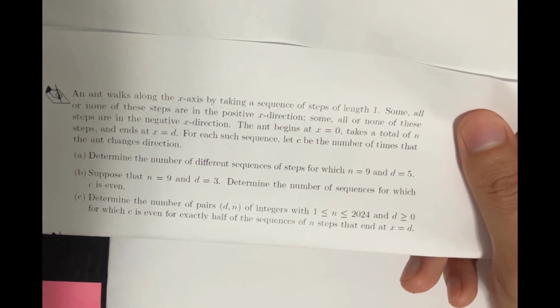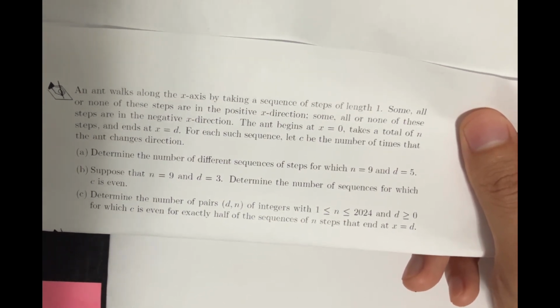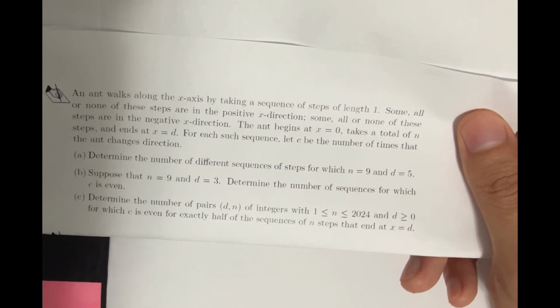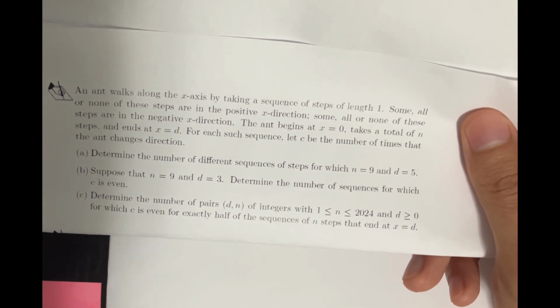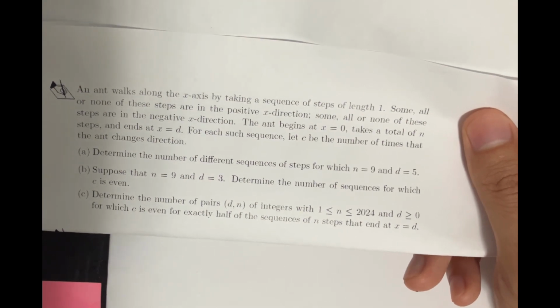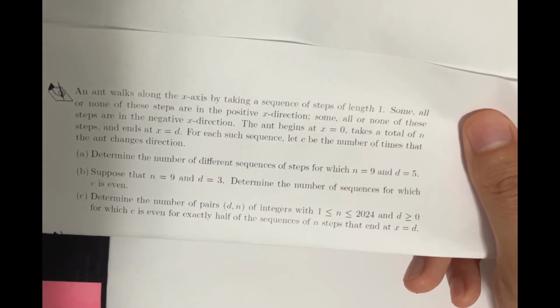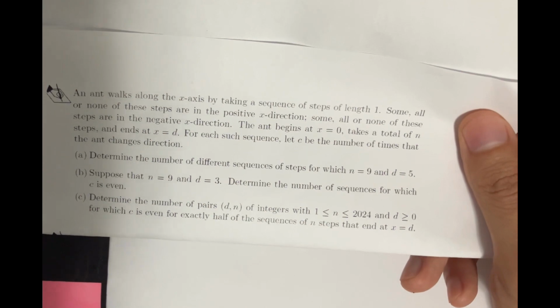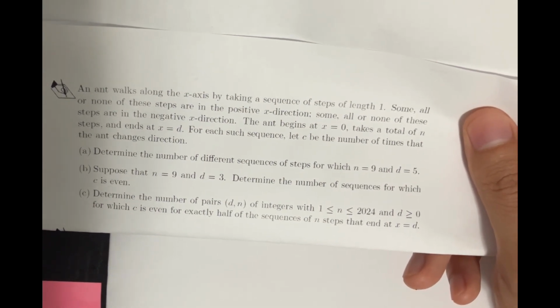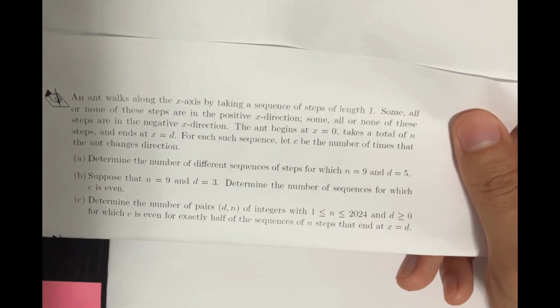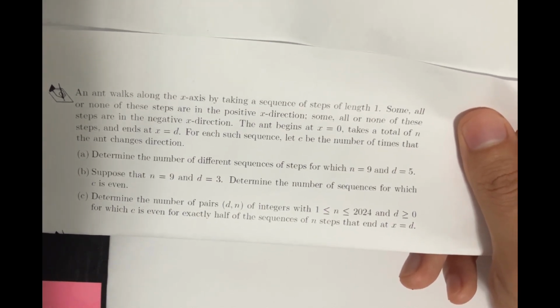Alright, so basically the ant is walking along the number line, and every time it walks it moves to the neighboring whole number. It might be the previous one, it might be the next one. You have absolute freedom over whether to move to the right, to the next number, or to the previous one, to the left.